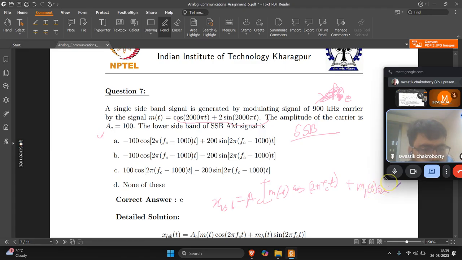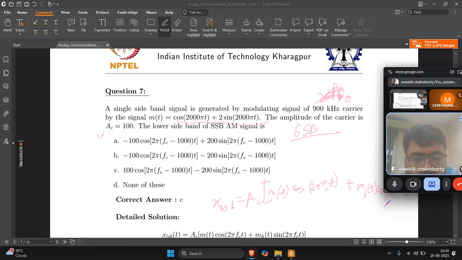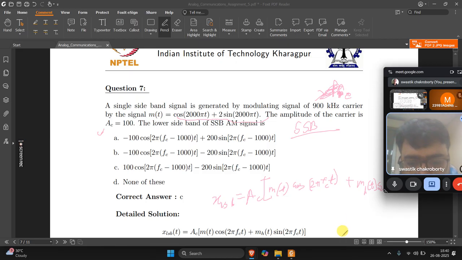So this is the formula. I'm giving you the formula also for the lower sideband.